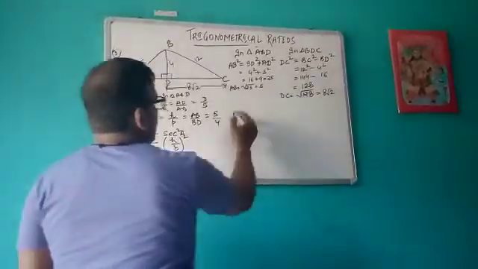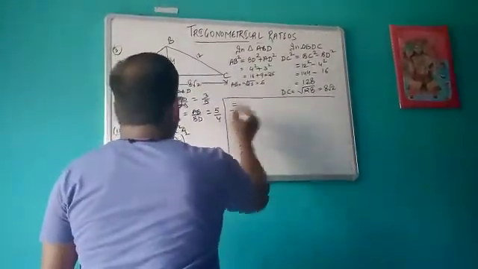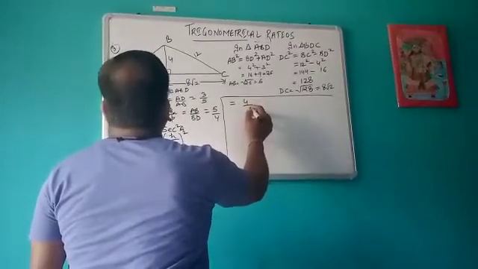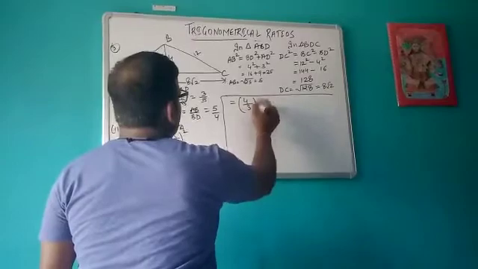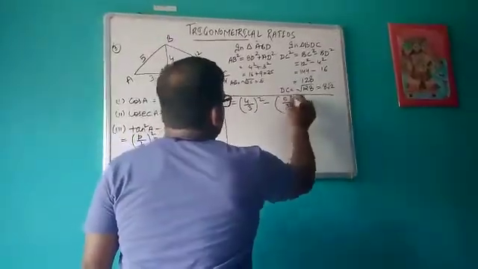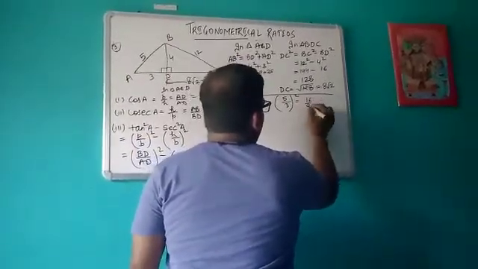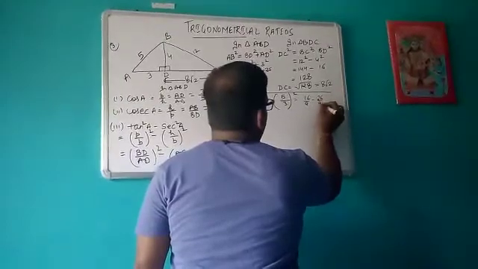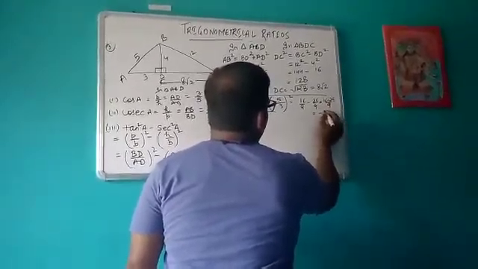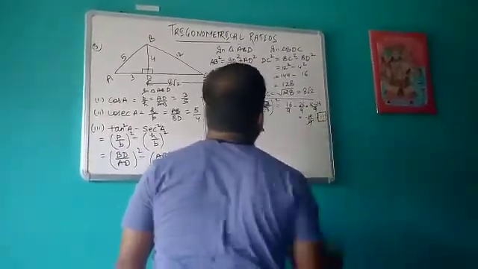Now we will put in the values. BD is 4 and AD is 3, so 4 upon 3 square. Then AB is 5, so 5 upon 3 square. It will give you 16 upon 9 minus 25 upon 9, that is 16 minus 25 upon 9, and the answer is equal to -1. So this will be your answer.